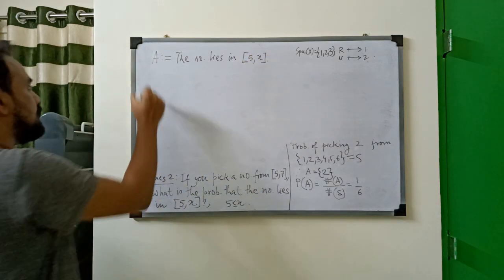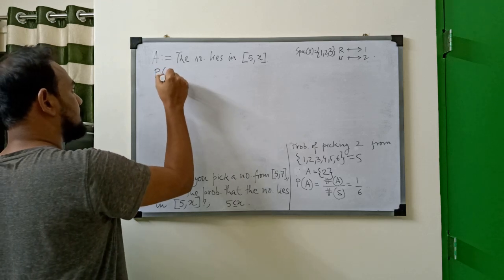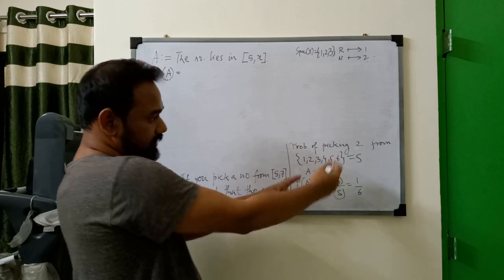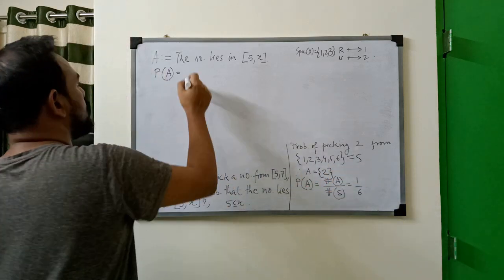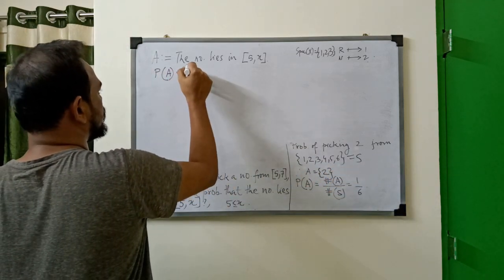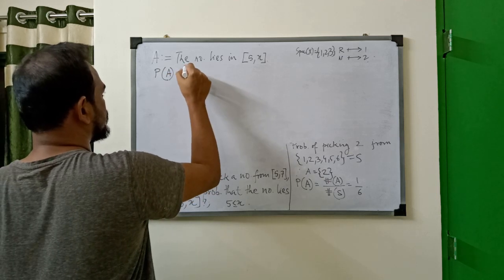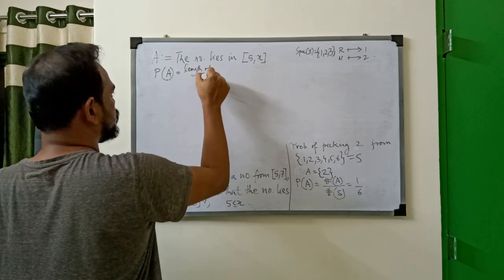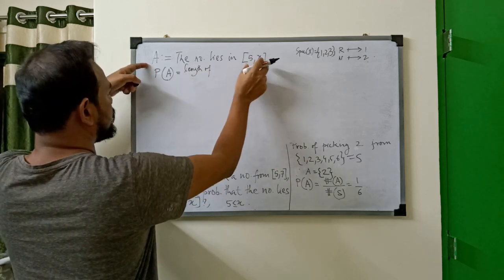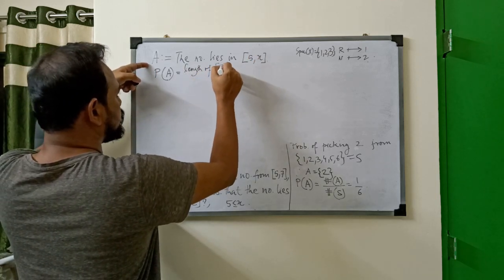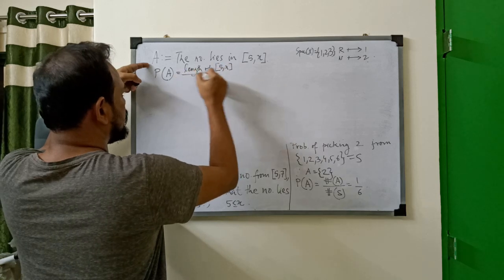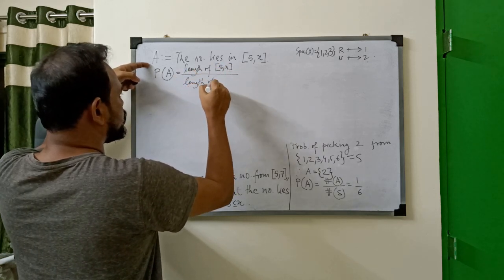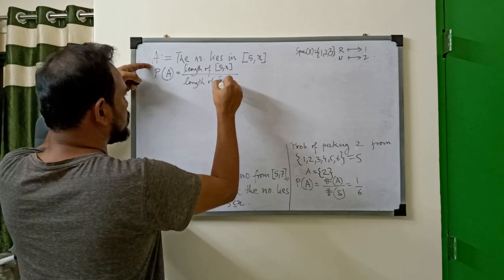Then, comparing length against length, just as things worked in this case, we would say this would be the length of the interval A against the length of this interval.